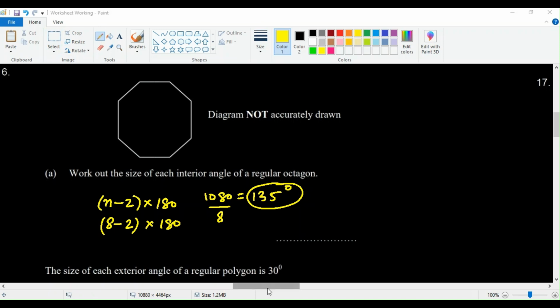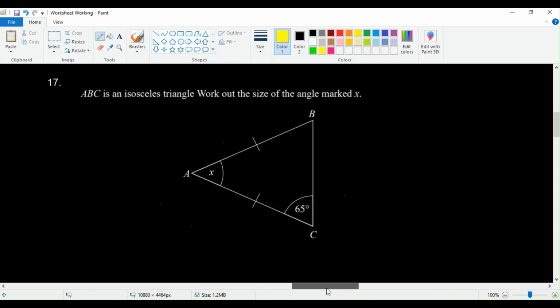Taking you to the last question, which says ABC is an isosceles triangle. Work out the size of the angle marked by x. Since this is an isosceles triangle, this angle 65 and this angle are both equal. This is also 65. So 65 plus 65 plus x equals 180.